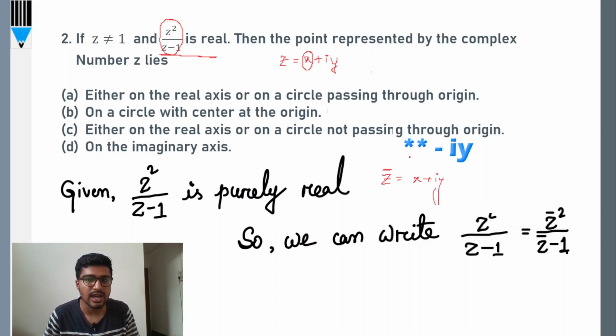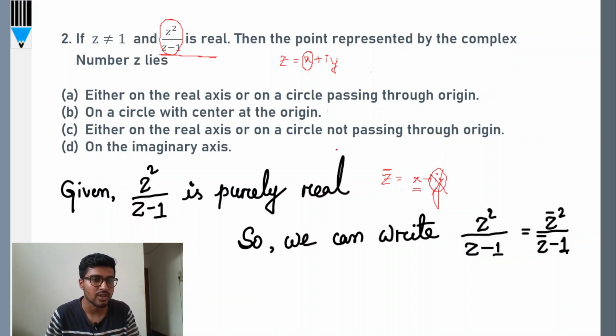If the imaginary part is not there and only the real part is there, then I y is not there, so just the x part remains. So z bar is x and z is also x, that means z equals z bar. This is a simple property which you can also find in any book. This is the property you must remember: z bar equals z for any real complex number or real complex function.